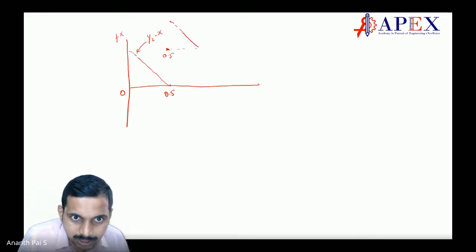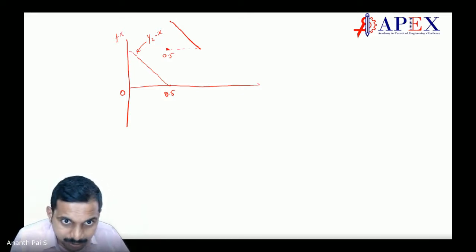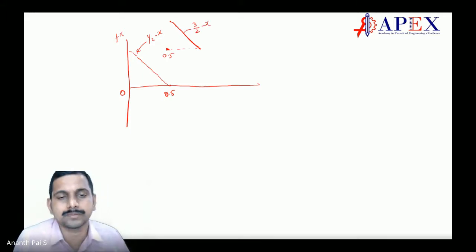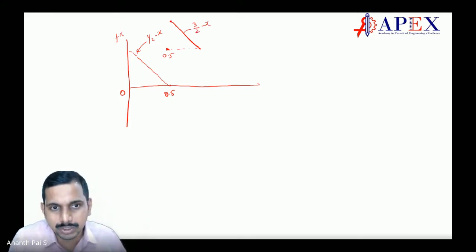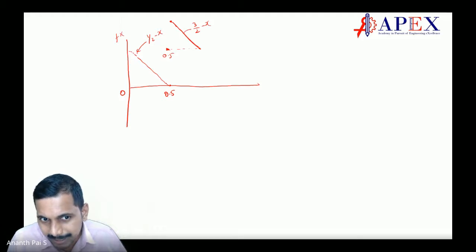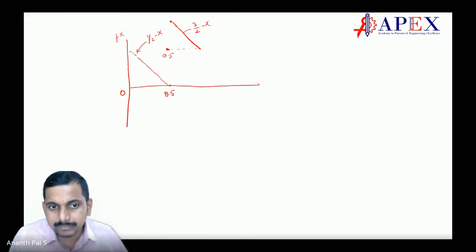Observe the function I am drawing like this. It will come down till here, and when it is less than 1, that function is 3 by 2 minus x. In this case, a bit to this side, it is 1 by 2 minus x, and when it reaches 0.5, f of x is 0.5.